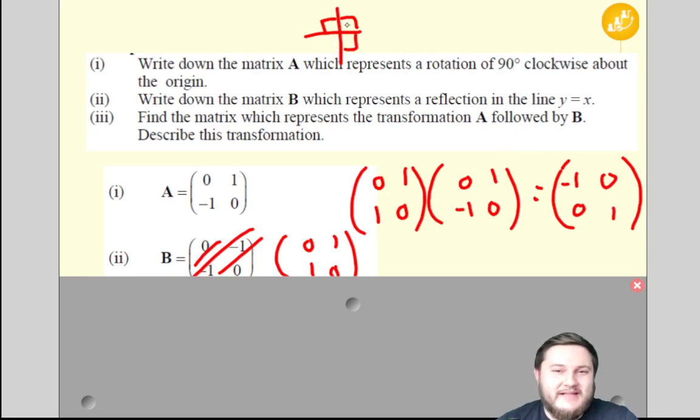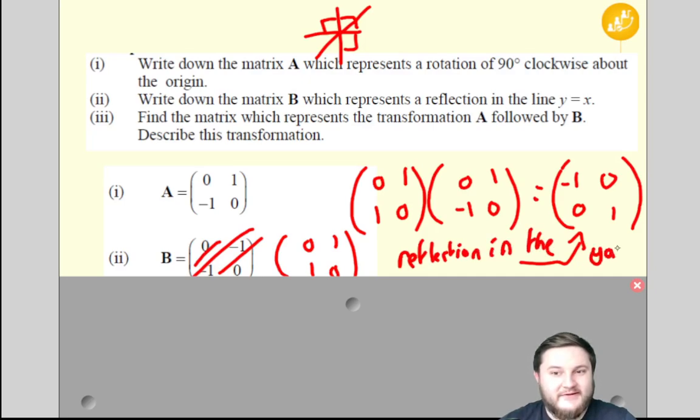So you get this. So basically you've rotated it 90, and then you've reflected it in the line y equals x, so it now appears in the top left quadrant. In other words, you might actually also notice from your flashcards, this is a reflection in the y-axis. Who would have thought it?